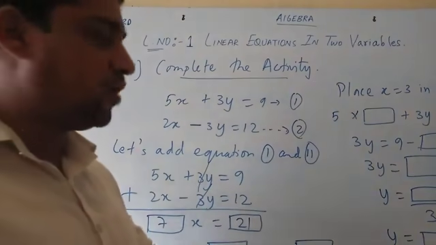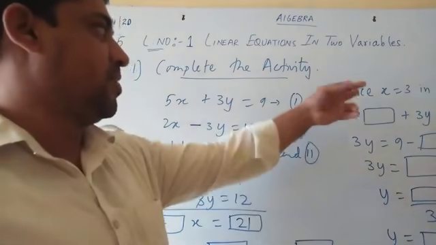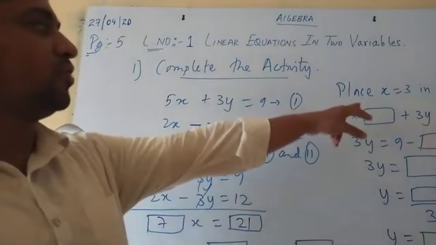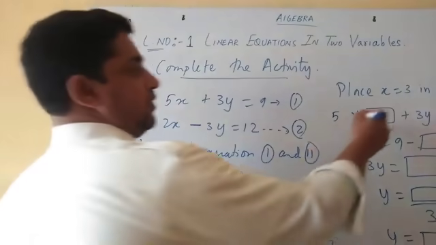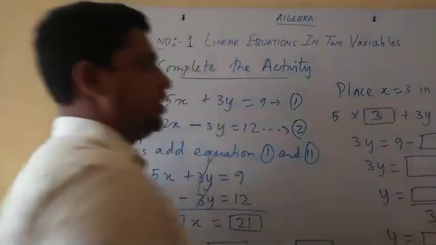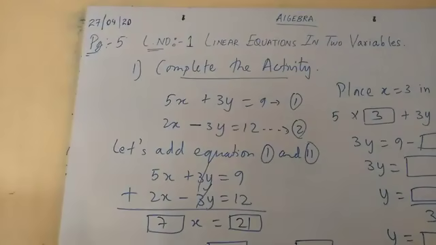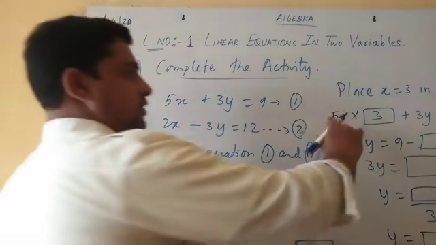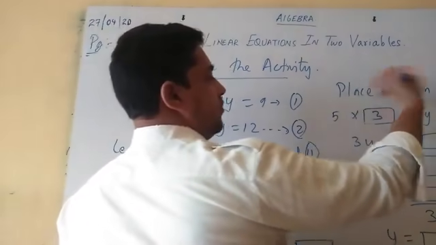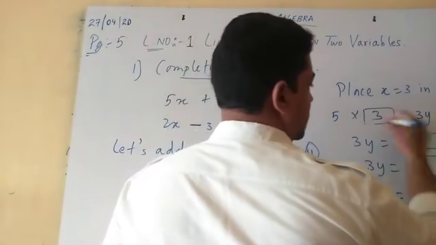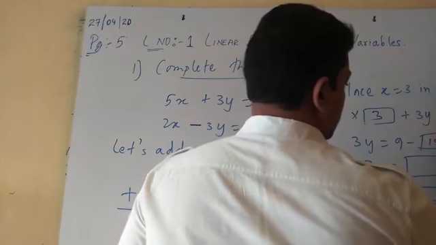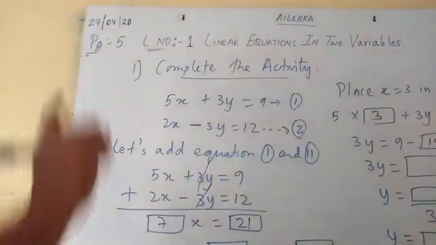Yes. Now I can substitute the value of x in any of the equations. It is given in equation 1. So I'll substitute the value of x, which is 3, in equation 1. So 5 into 3 plus 3y is equal to 9. 5 3s are 15. 15 will go to the right hand side. 3y is equal to 9 minus 15.